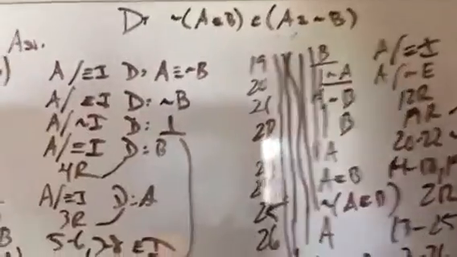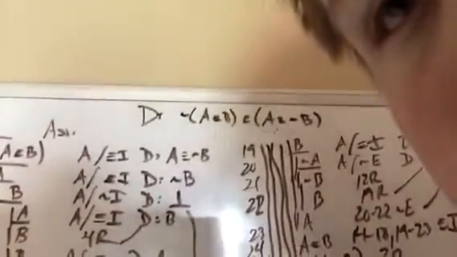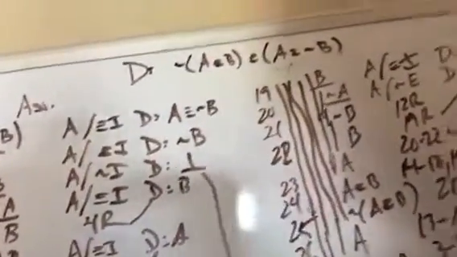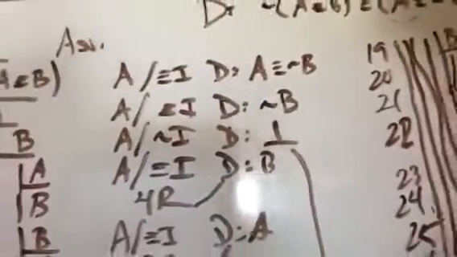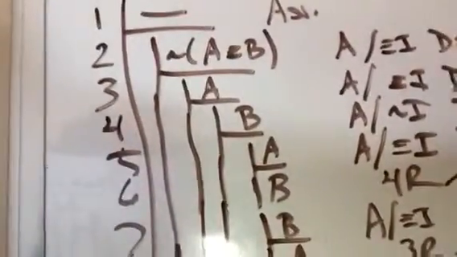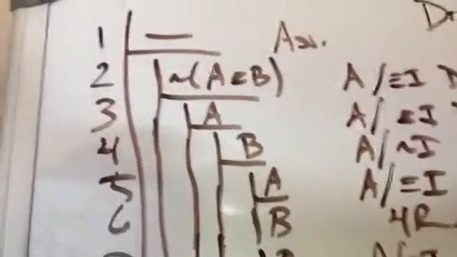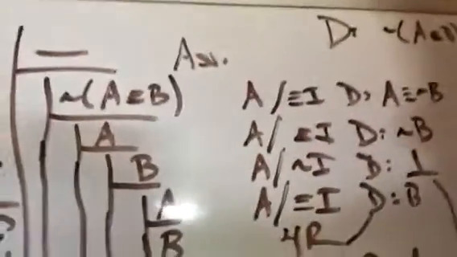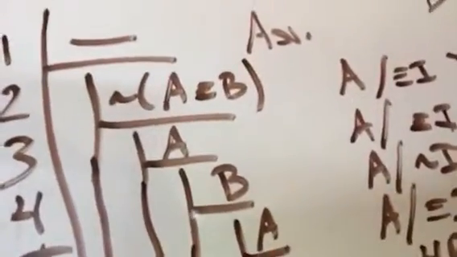Now, hopefully that explains everything. What we first wanted was that, and then we started with assuming the first part of it, which is tilde A triple bar B. And as you can see, we had to do a triple bar introduction inside of a triple bar introduction.